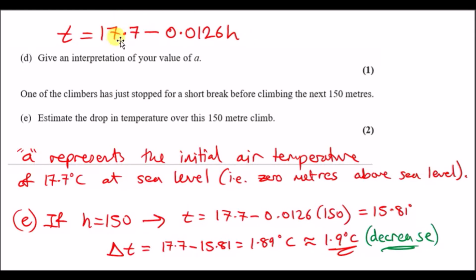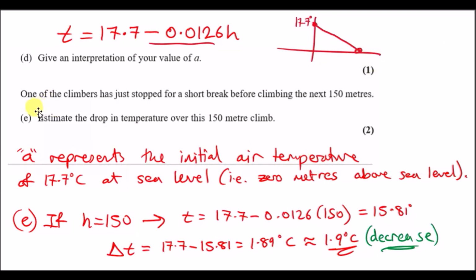This is literally the intercept on a graph. If you picture it like this, you're going to see that 17.7 is a y-intercept, and it has a negative gradient, so it's decreasing. This means that initially it has a temperature of 17.7, but as you go above sea level, the temperature slowly decreases to a certain point. So that's what it's trying to say.